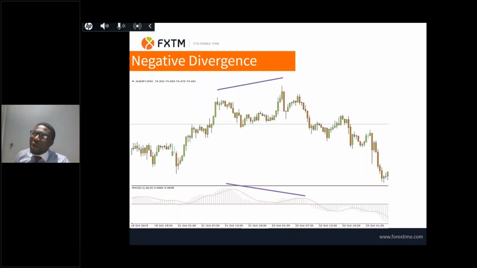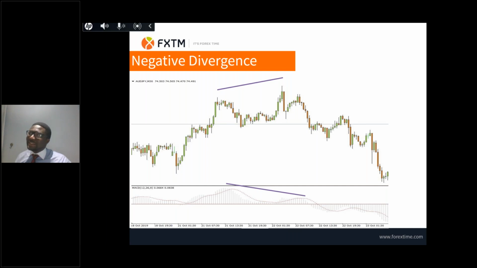Price is going upward and the indicator is going downwards. The previous high on price was 10, the new high is 20. The previous high on the indicator is 10, but the new high is 5.